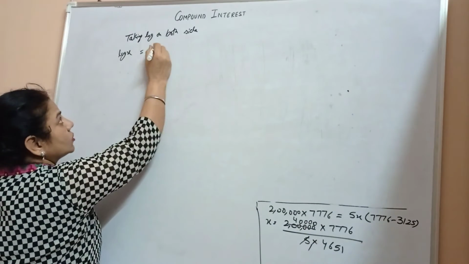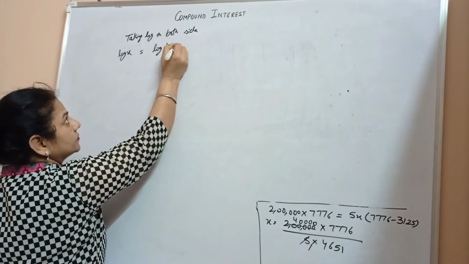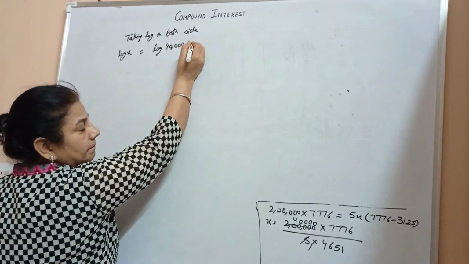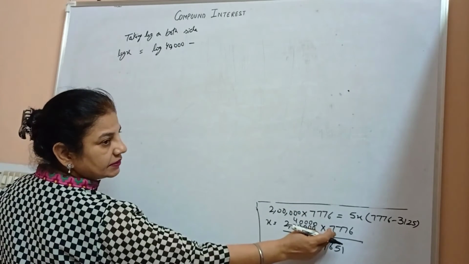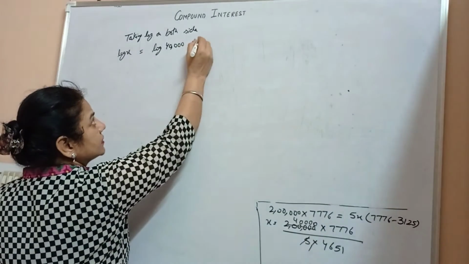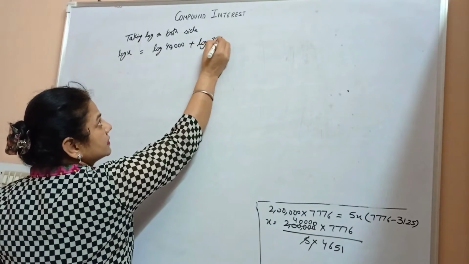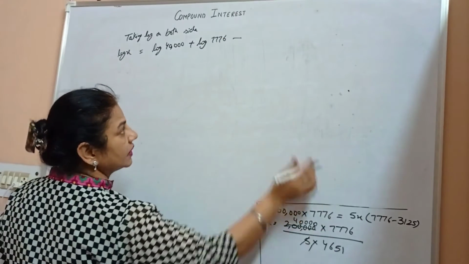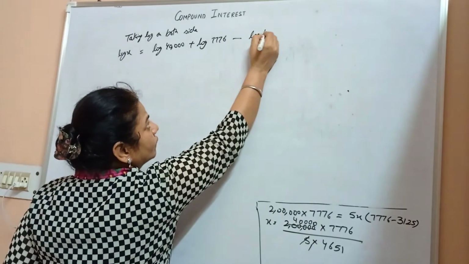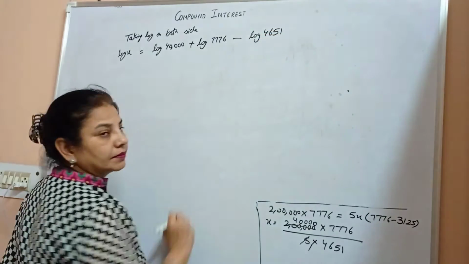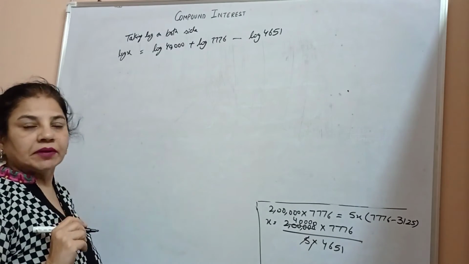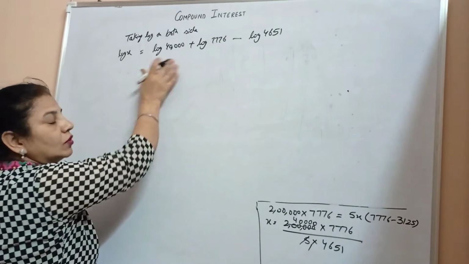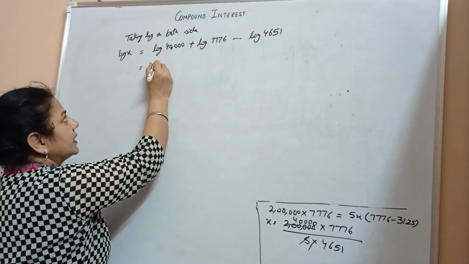So this gives me log 40,000 multiplied by 777.6, that means plus log 777.6, minus the denominator log 4651.